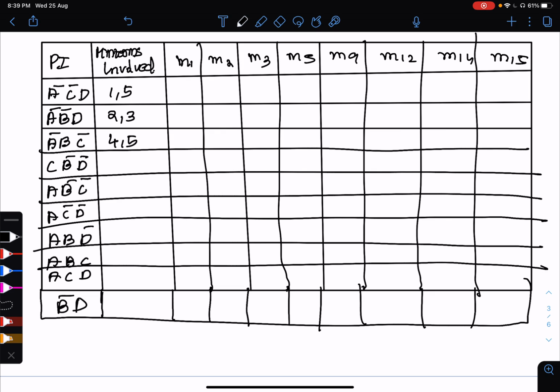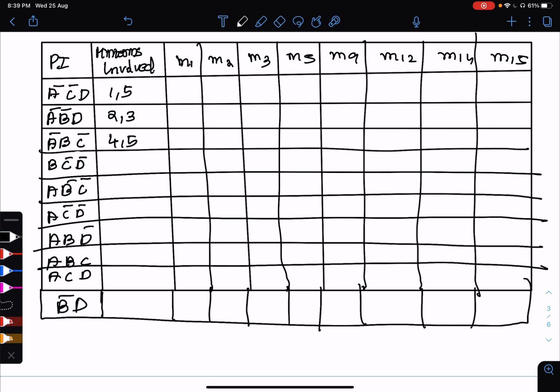Next one is B, I think I wrote it wrong. Okay, let me correct that. Here it is, it should be B C dash D dash, like this.